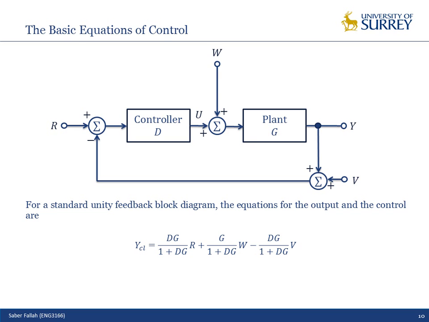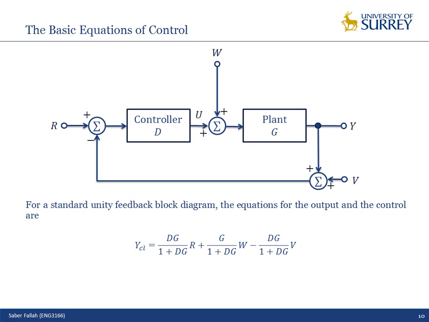I said if we have negative, positive feedback, the transfer function will be DG over 1 plus DG. If it is positive, positive, it will be DG over 1 minus DG. Correct? So if you look at here, DG, okay, but here D is in the feedback loop.